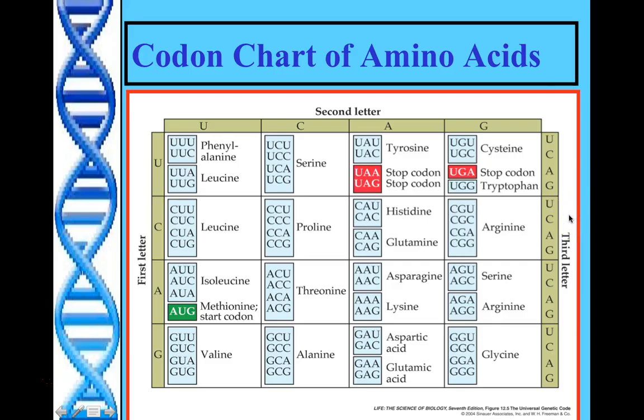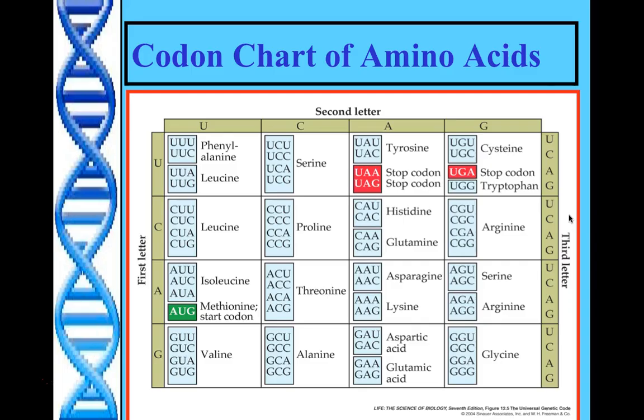So now that we know that there are codons and we know that those codons code for specific amino acids, well, how are we supposed to know what codes for which specific amino acid? Is there a way to even know? And the answer is yes. And there's actually 2 different charts I'm going to show you here that we're going to be able to use.